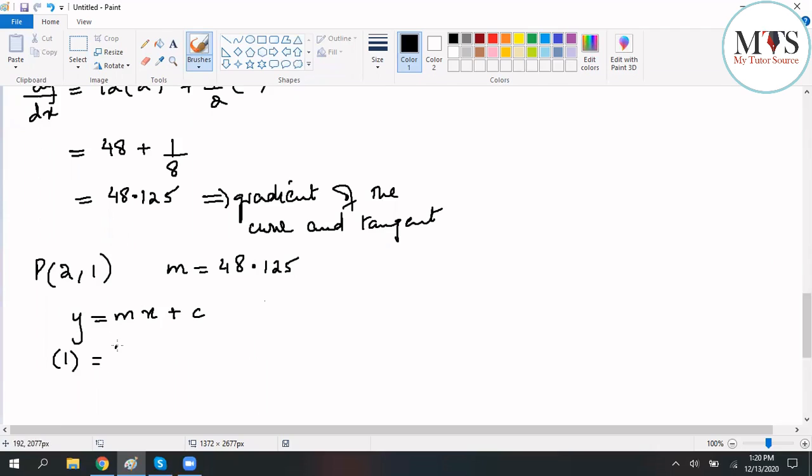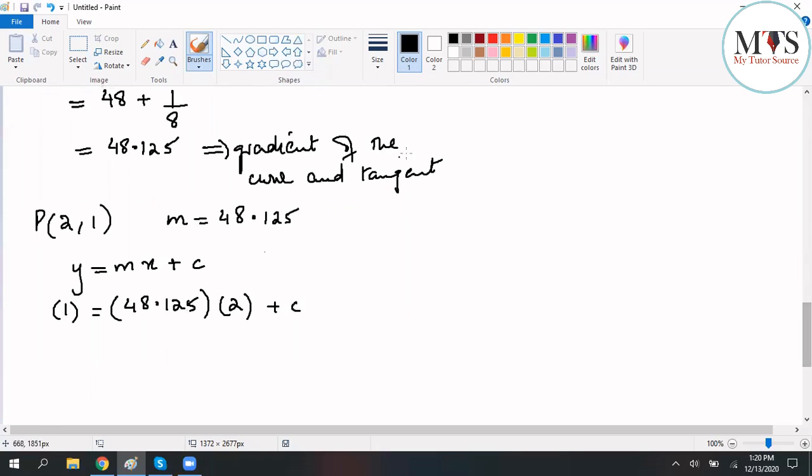Yes. So you substitute these values. y is 1, m is 48.125, x is 2, plus c. So now 1 minus 48.125 times 2, which is 96.25.